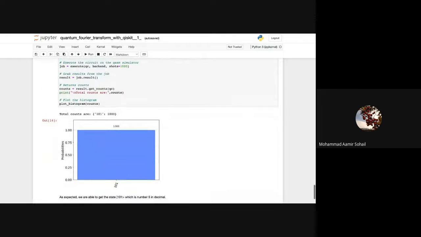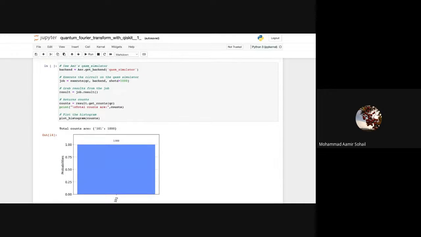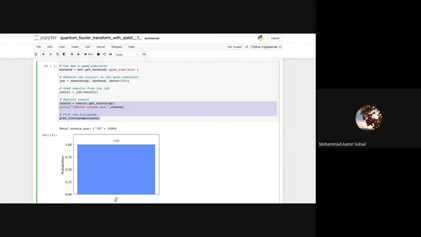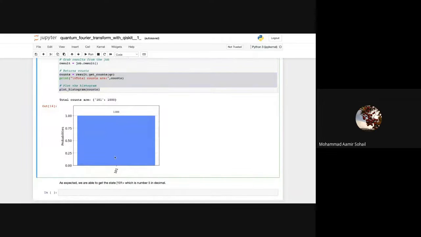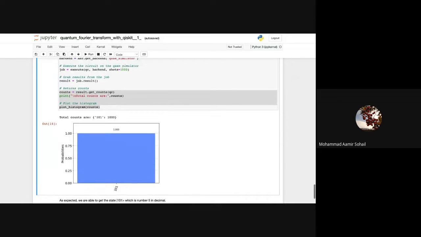If we do all the simulations, these are just the functions for simulations, and we plot the results, we can clearly see that with probability 1, for all the 1,000 shots, we are getting 101.